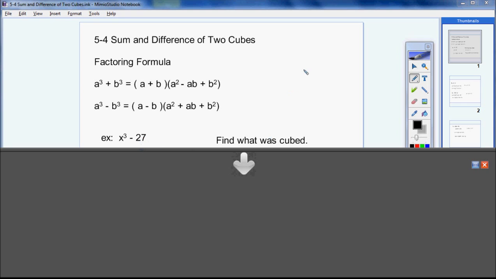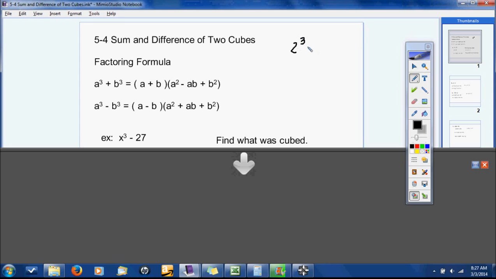Let's look at some examples. For example, 2 cubed is 2 times 2 times 2, that's 8. You should make sure that you start knowing some of these common ones. 3 cubed, 3 times 3 times 3 is 27. 4 cubed, 4 times 4 times 4 is 64. 5 cubed, 5 times 5 times 5 is 125.